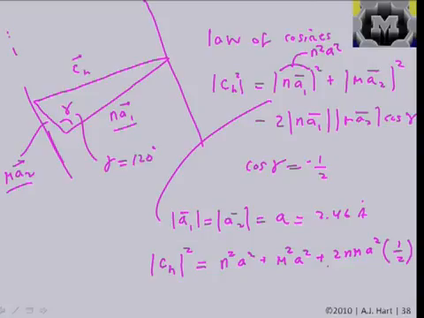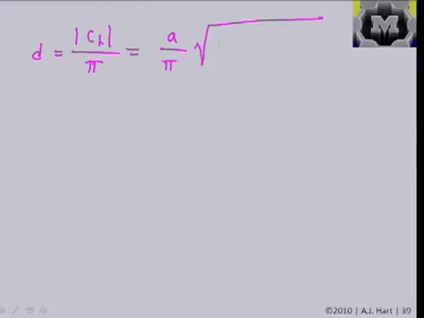And then if I simplified this expression and made the definition that the diameter of the nanotube is equal to the length of the chiral vector divided by pi, I would get that the diameter of the nanotube is equal to A divided by pi times the square root of n squared plus m squared plus nm.